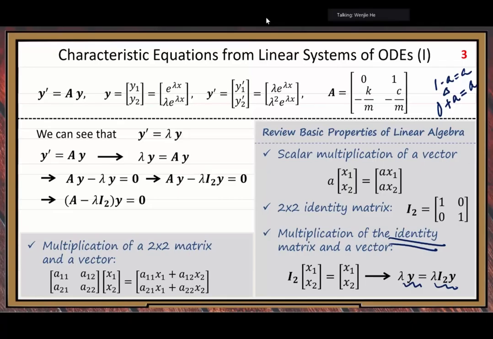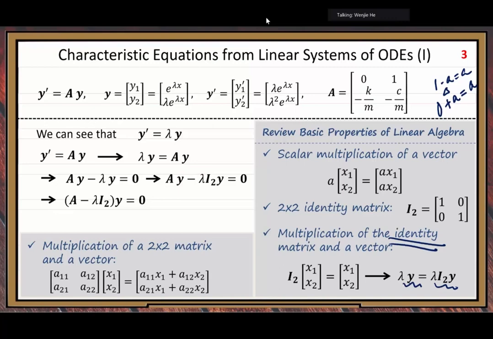not compatible. Because A matrix minus lambda number, how can you use matrix minus one number? Right? Different objects. You cannot do subtraction. So you have to use one matrix minus another matrix. And these two matrices must have the same size. Then you can do subtraction.